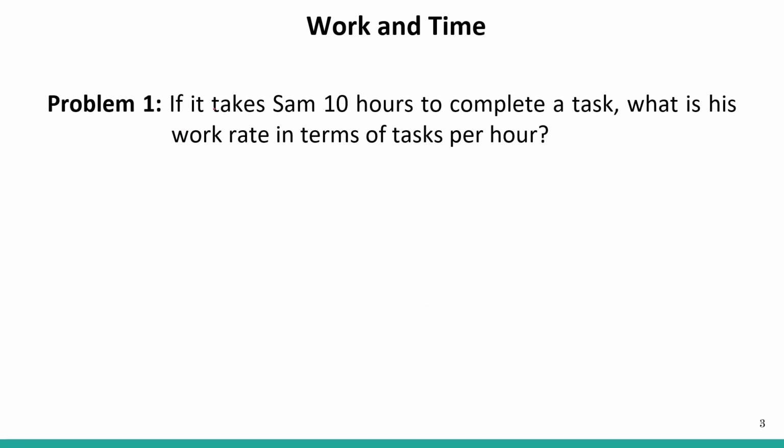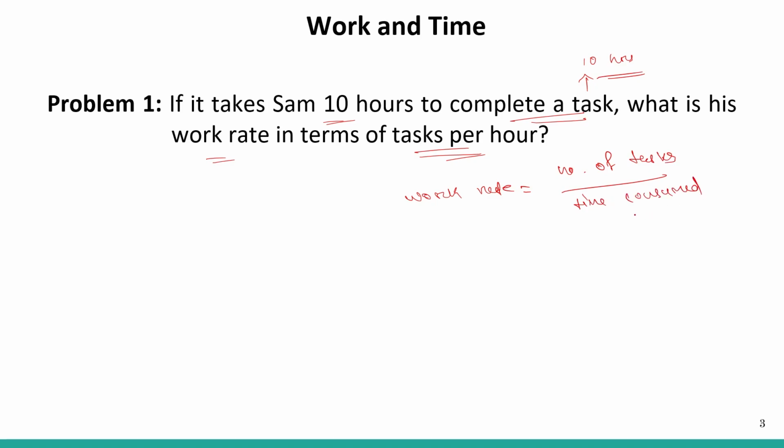If Sam takes 10 hours to complete a task, in order to complete the task he needs 10 hours. So what is his work rate in terms of tasks per hour? Work rate is equal to the number of tasks by the time consumed for completion.